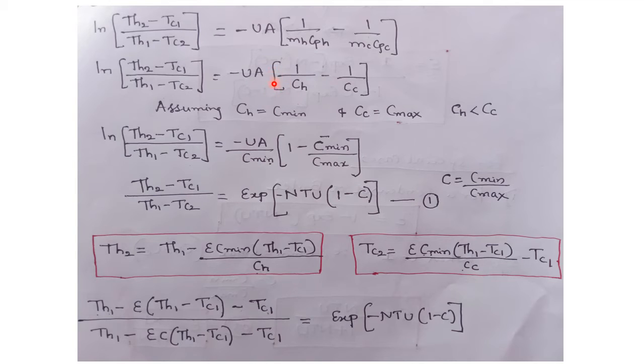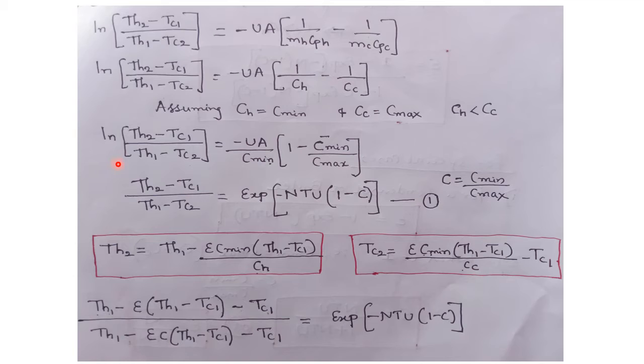Then in the bracket it will be 1 minus Ch divided by Cc. When I take 1 divided by Ch as common, Ch is C minimum, so directly I will write C minimum in the bracket 1 minus Ch divided by Cc, that is, C minimum divided by C maximum.